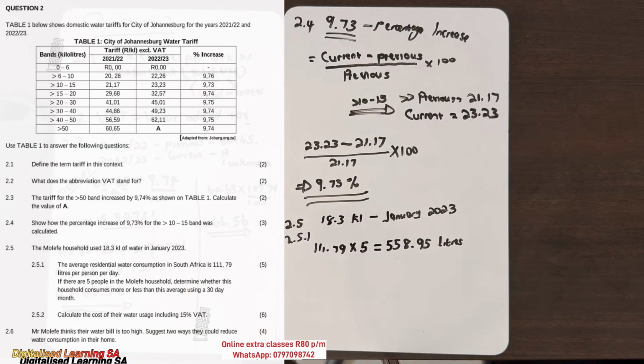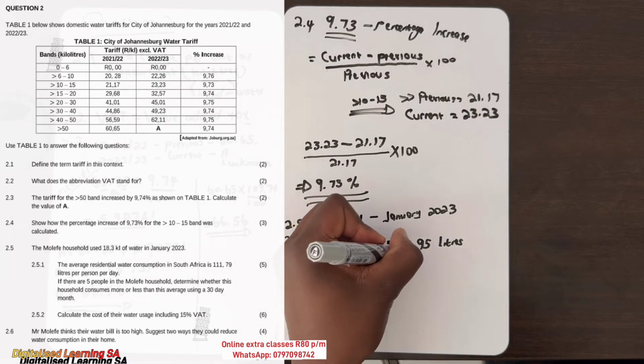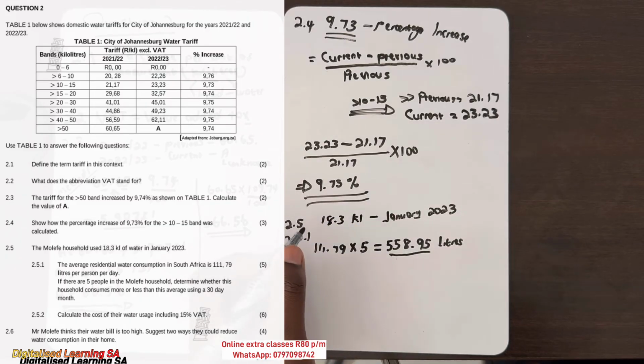And remember that we are told to determine whether this household consumes more or less than this average using a 30-day month. So we need to take these liters per day and multiply them by 30 days so that we can get for the whole month how much this family used, which is 30 days.